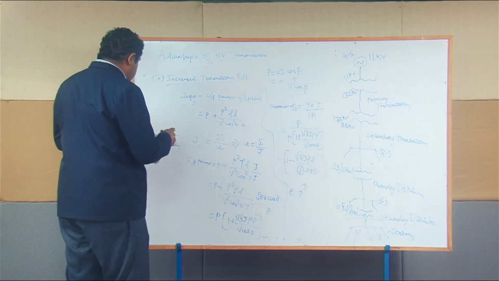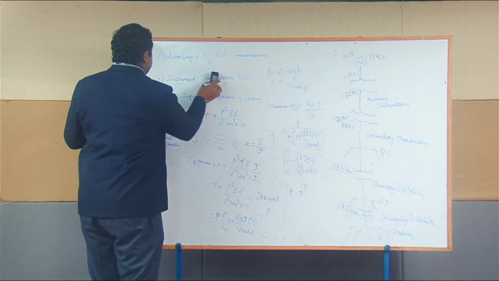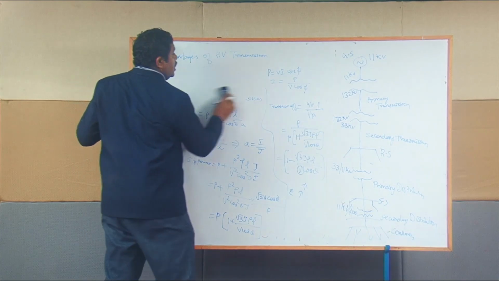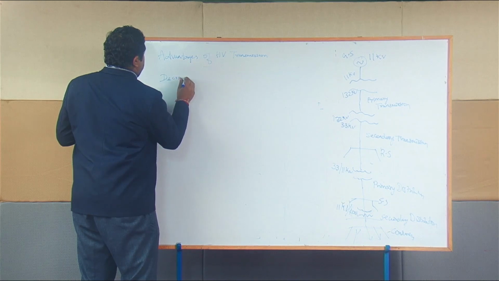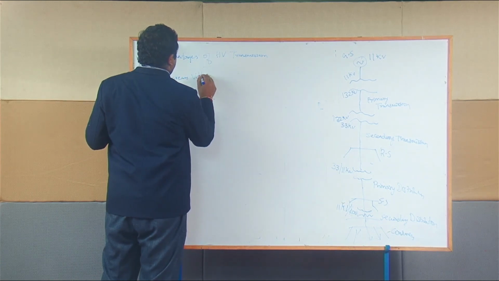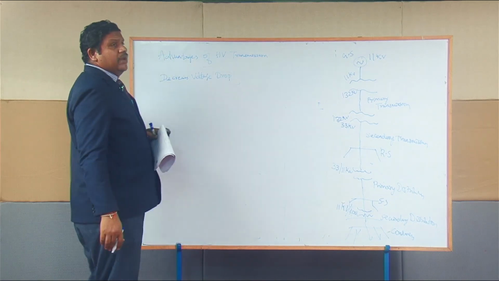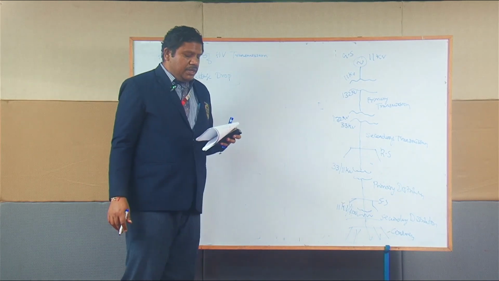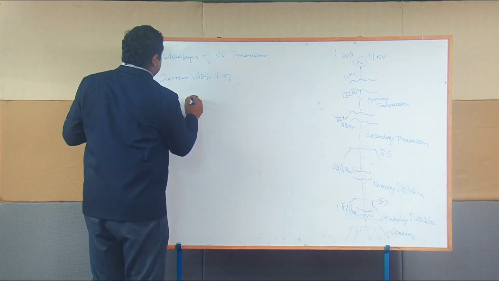And the third one is decreased percentage voltage drop. Anywhere there will be a voltage drop, depending on the losses. So, we are proving that line drop is minimum.